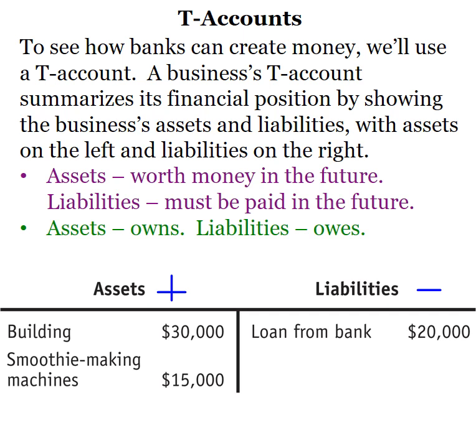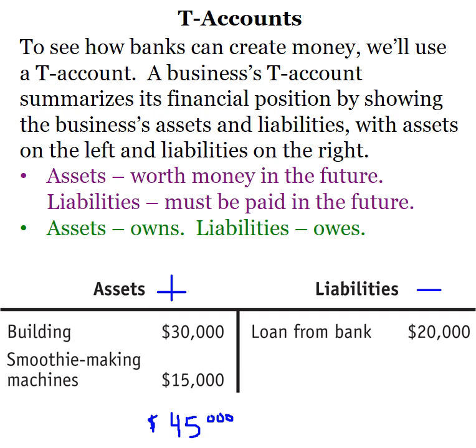So if we wanted to see the net worth of this business, you would add up the assets. So 30,000 plus 15,000, we have $45,000. Imagine a dollar sign and then 0, 0, 0, minus the loans from the bank.